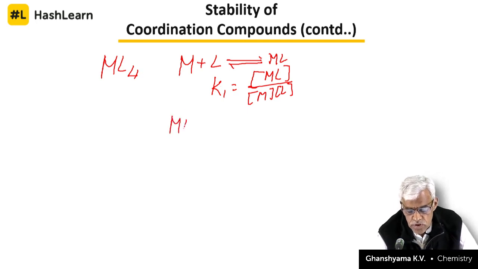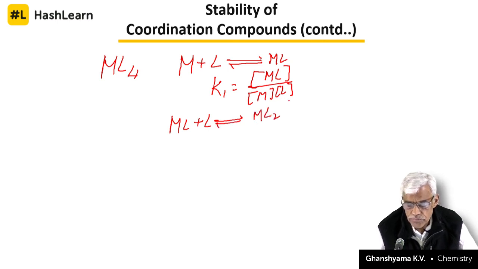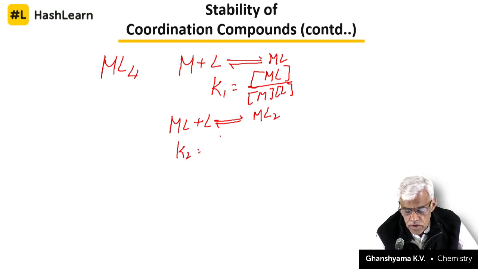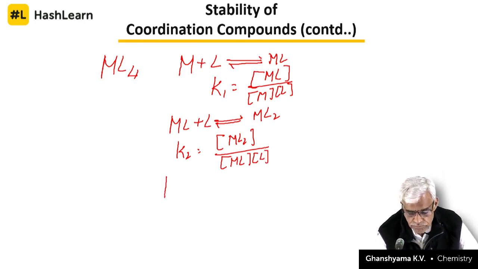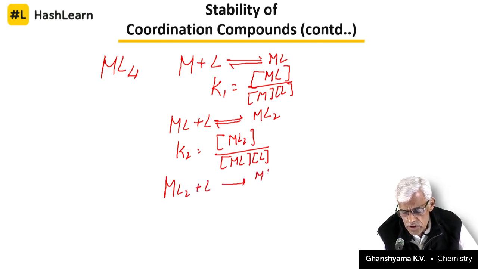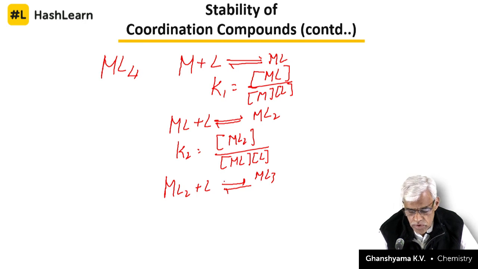Next, ML will combine again with L, resulting in the formation of ML2. Then K2 is equal to active mass of ML2 by active mass of ML into active mass of L. Next, ML2 will combine with L, resulting in the formation of ML3.